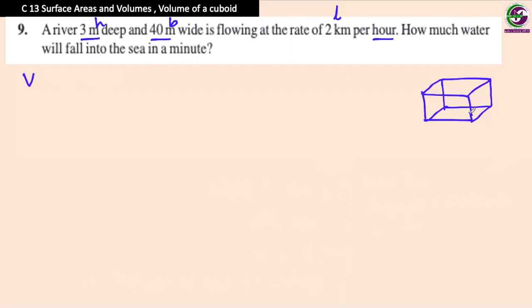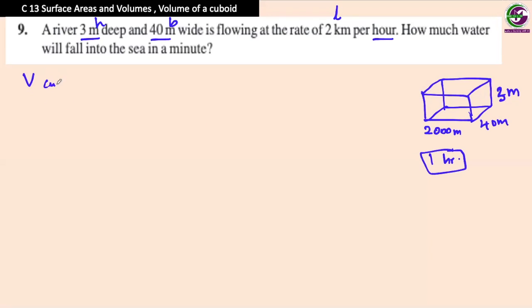A river can be considered as a tank for a moment, where the length is 2 kilometers, which is 2,000 meters for 1 hour. The length that water moves in 1 hour is 2,000 meters. The depth is 3 meters and the width is 40 meters.